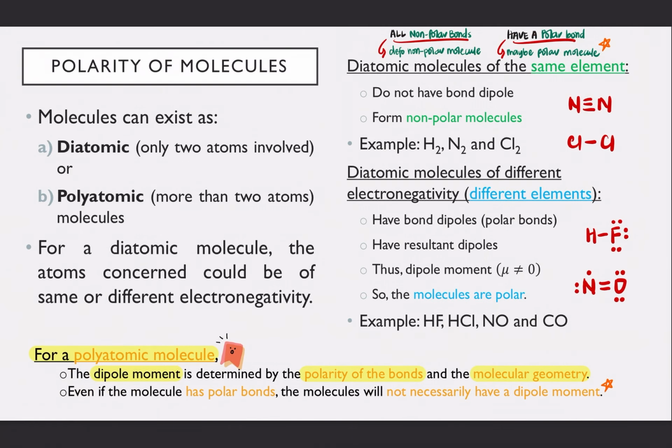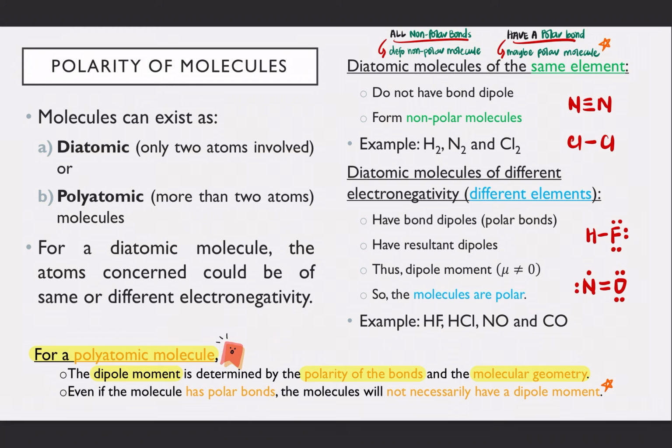Those are diatomic molecules, but in your exams it won't be as simple as that. They like to ask you about polyatomic molecules, meaning you have more than two atoms. If you have more than two atoms, you have more than one bond, so at least two bonds.